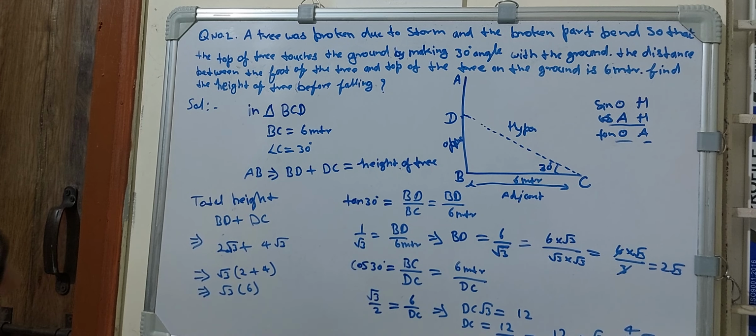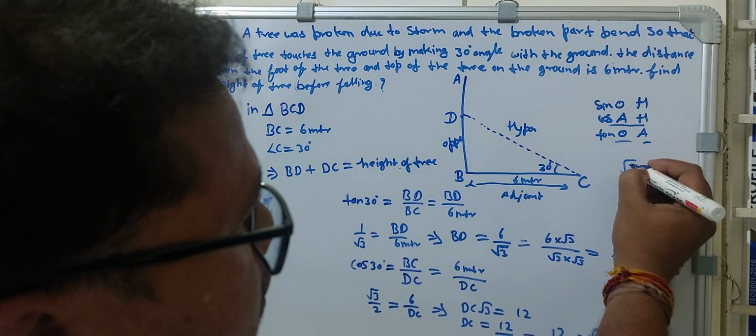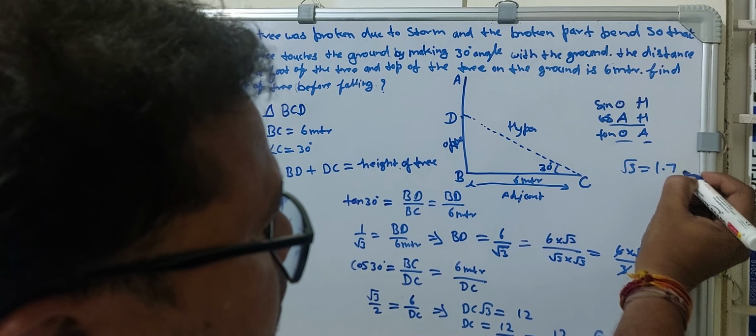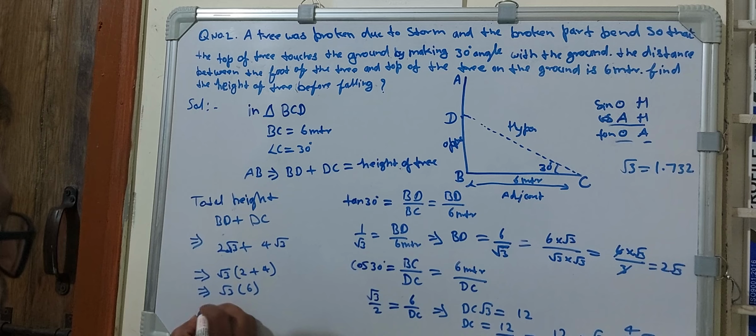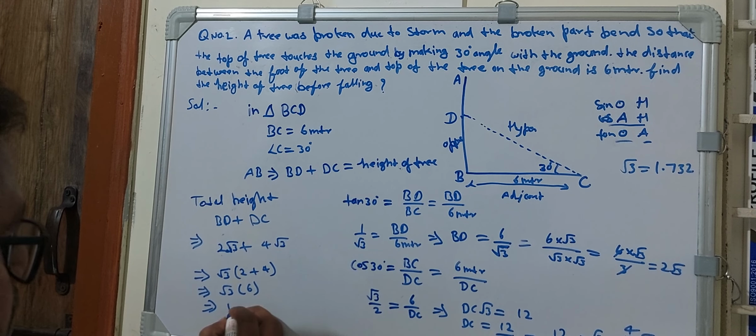Now we know root 3 value is equal to 1.732. So here you can write, 1.732 into 6. Do multiplication. 6 2s are 12 plus 2. 6 3s are 18. 18 plus 1 19.